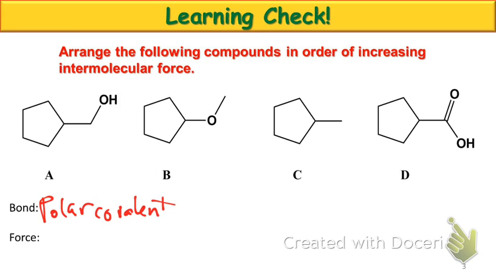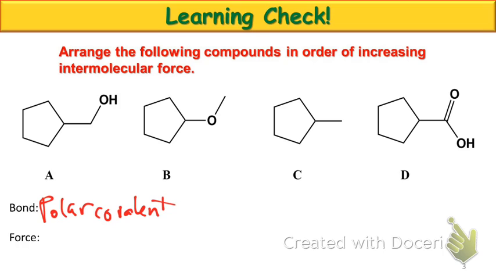Dipole-dipole, but now what we can do is move up to the next stage. If we have a dipole-dipole force, we want to see if we can hydrogen bond. What do we need to be able to hydrogen bond? You need a hydrogen and, it's not quite that, but you're very close.